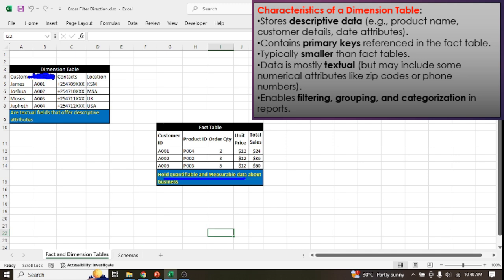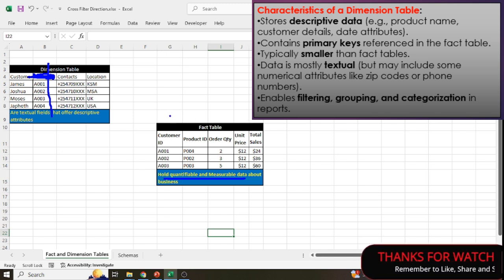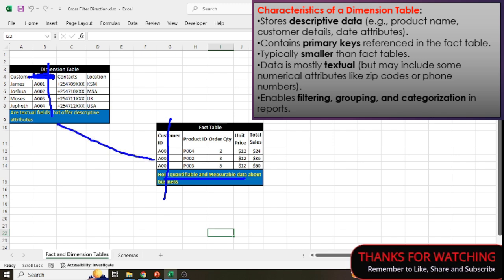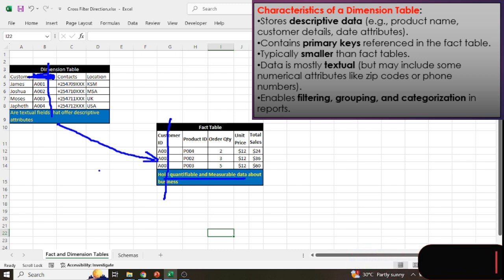This column is customer ID, and then we want to link it with the fact table. So our foreign keys here will be within the customer ID column. So we'll be linking this table with the fact table based on the primary keys from the dimension table and the foreign keys from within the fact table.